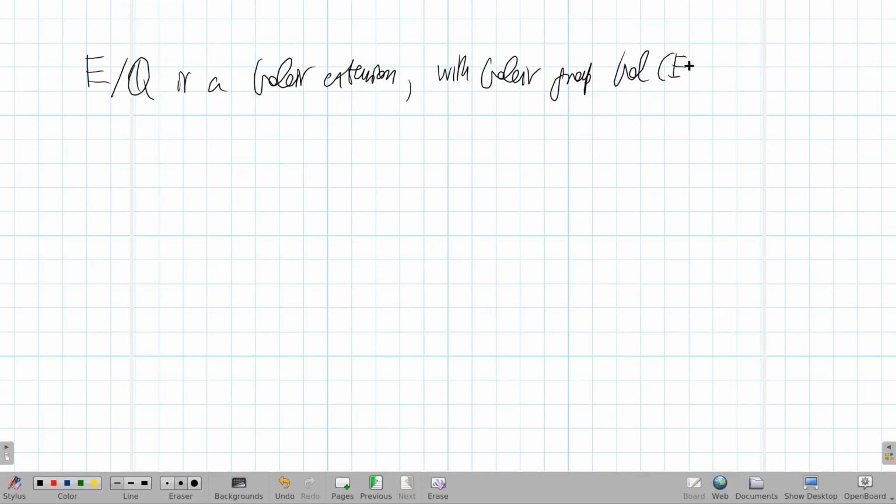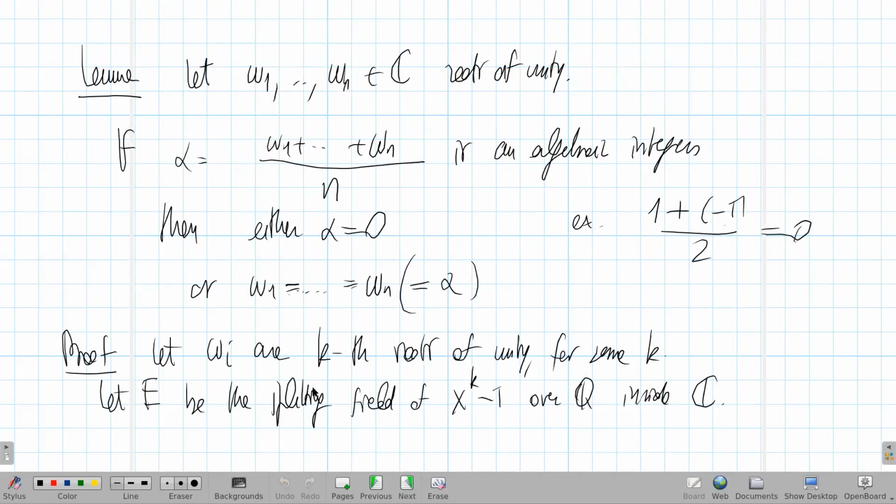I cannot remember whether this is useful; I don't think we're going to use it. And clearly alpha is in E, because of course the omega i are in E, and then it's an extension over Q, so you can divide by n and you're still within E.